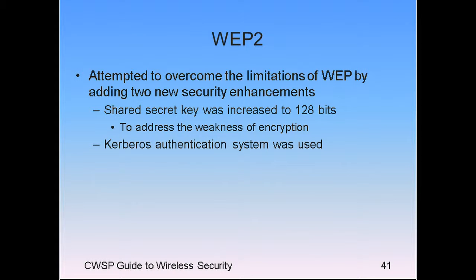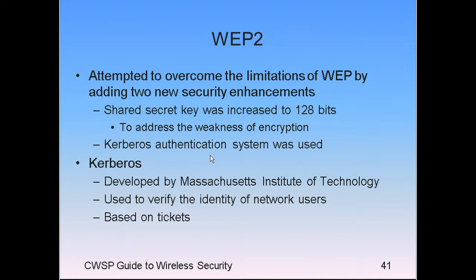It increased the key length to 128 bits and used Kerberos for the authentication system, but when you introduced Kerberos, you also introduced other possibilities for cracking the system, one of which was a whole new set of dictionary attacks. I think one of the studies said that probably 20, 30, 40, 50% of the Kerberos passwords could be cracked using dictionary attacks.